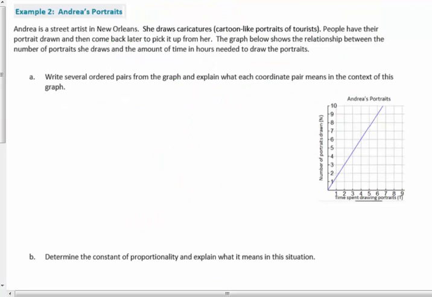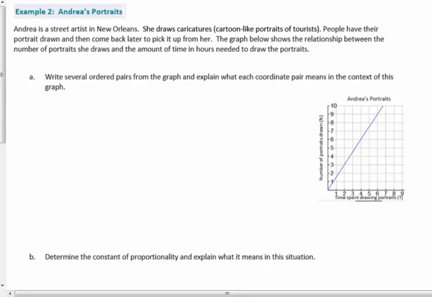Andrea is a street artist in New Orleans. She draws caricatures, cartoon-like portraits of tourists. People have their portrait drawn, those caricatures, and then come back later to pick it up from her. The graph below shows the relationship between these two variables.